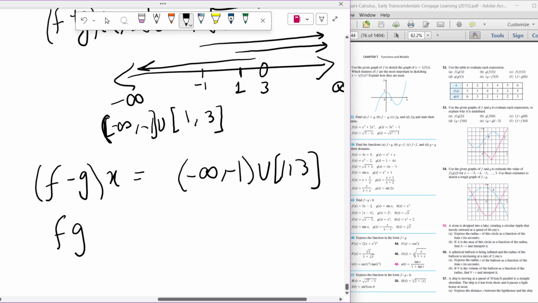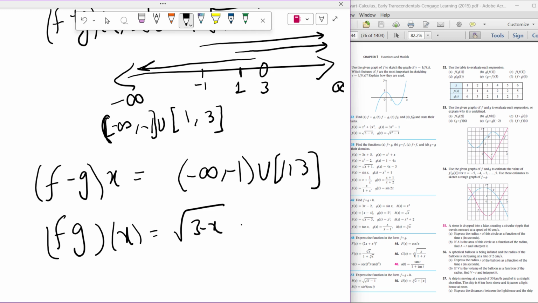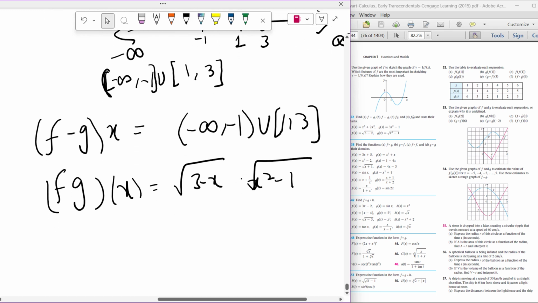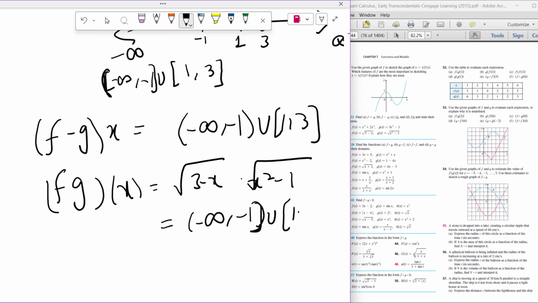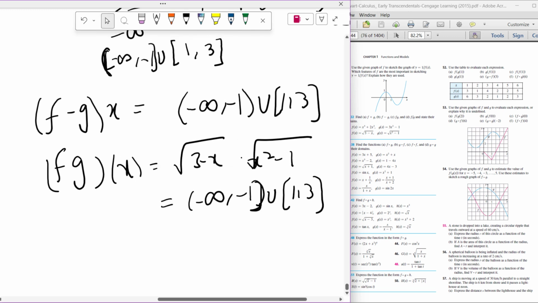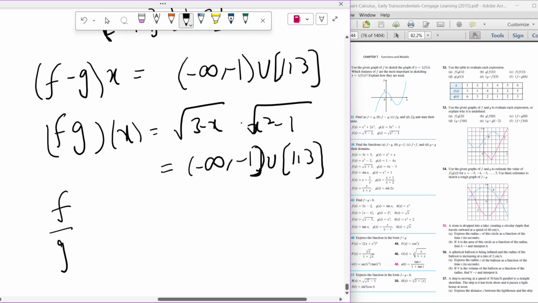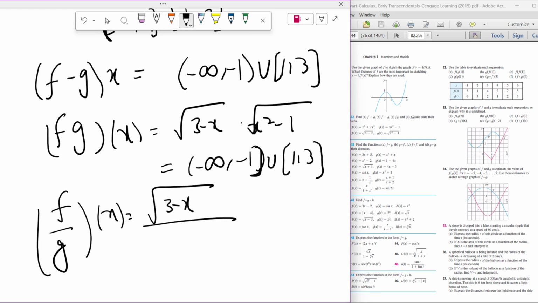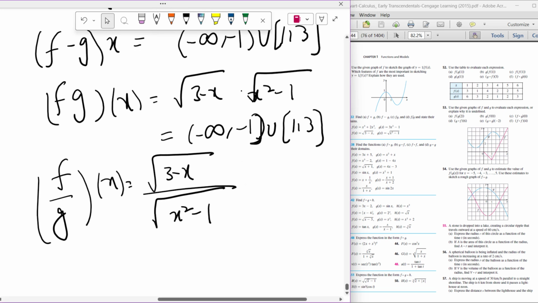Similarly, if I find the product of the two functions f times g, that is under root 3 minus x times under root x squared minus 1, then again the domain will remain the same: minus infinity to minus 1, and 1 to 3. But in the case when we have to divide the two functions, that is under root 3 minus x divided by under root x squared minus 1, then we just have to exclude the points where the denominator is equal to 0.